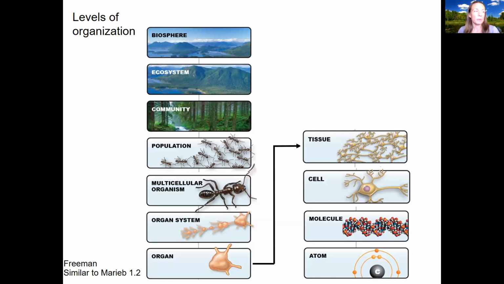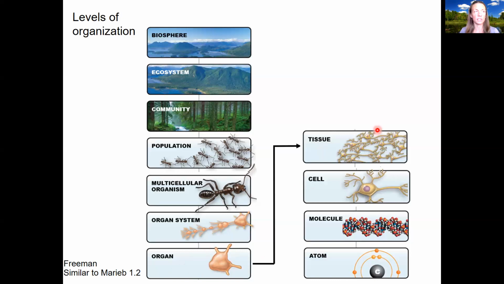So each organ would be made up of more than one tissue type, which is the next level we're going down to, but is working together to carry out one single process typically. So the heart as an organ is made up of cardiac muscle tissue, connective tissue, nervous tissue.